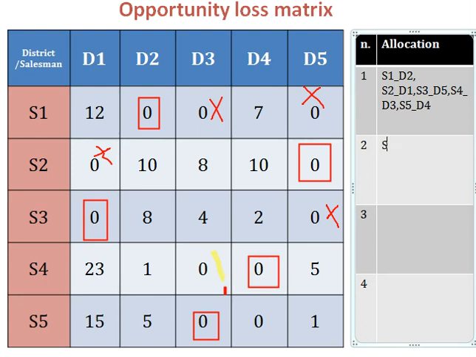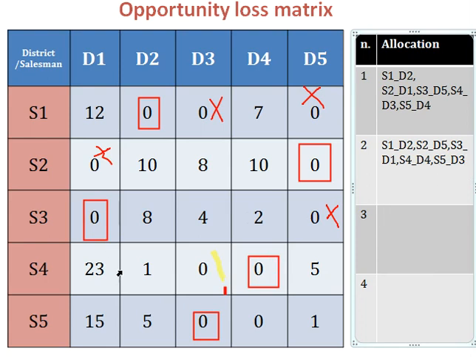Again we can write down the positions that we have obtained: s1 d2, s2 d5, s3 d1, s4 d4, and s5 d3. So that is another answer that we have obtained.